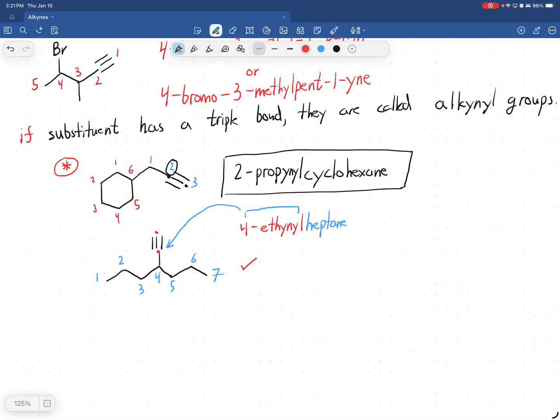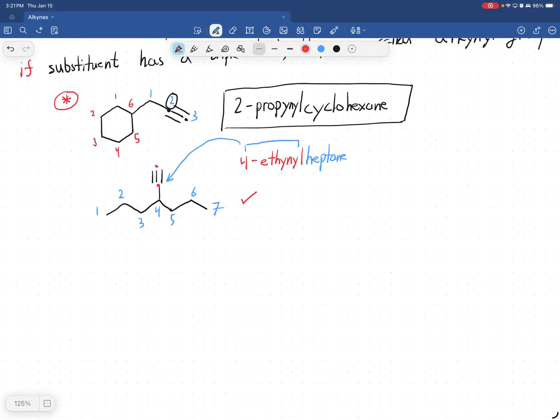All right, now let's go over another example. What if you have both alkene and alkyne in a compound? That's definitely very common.